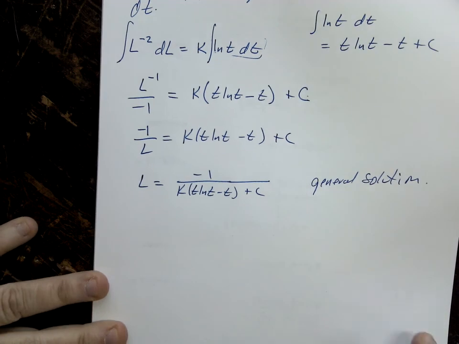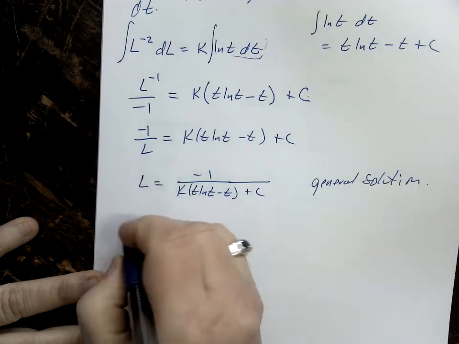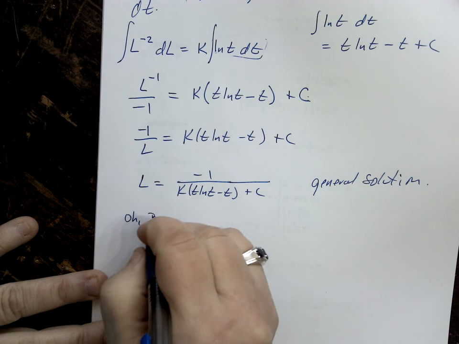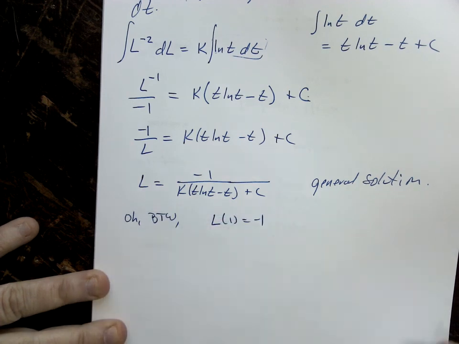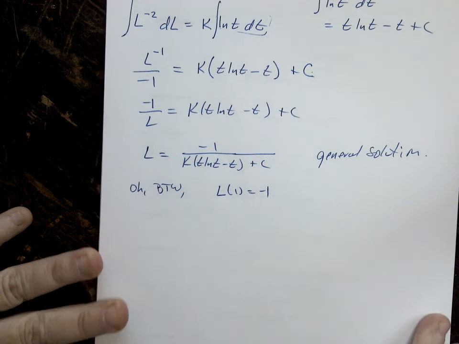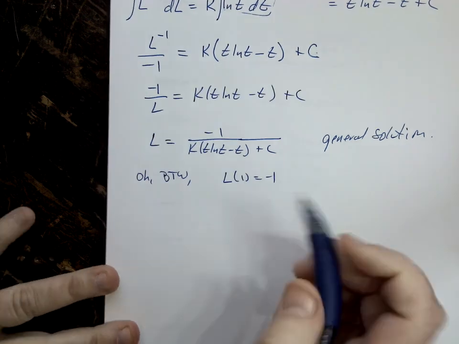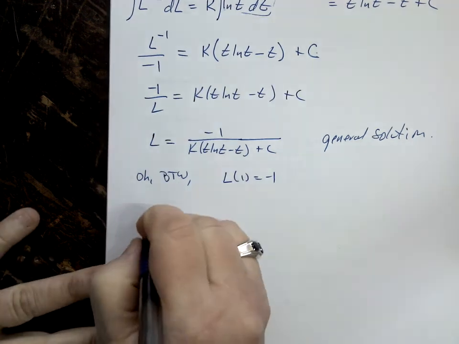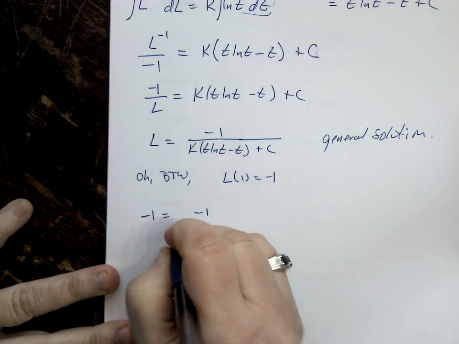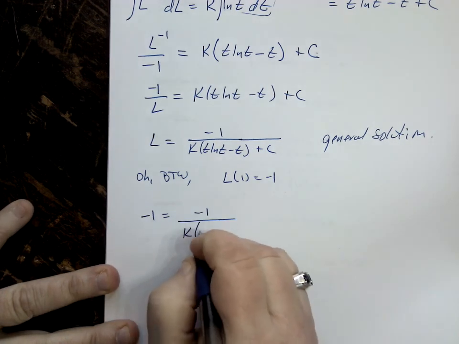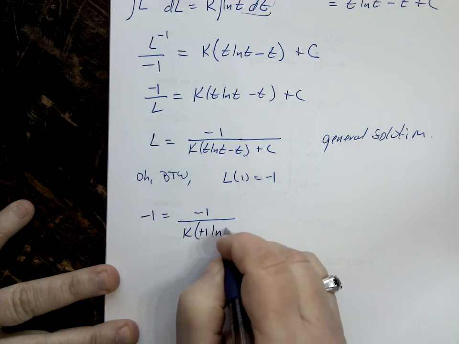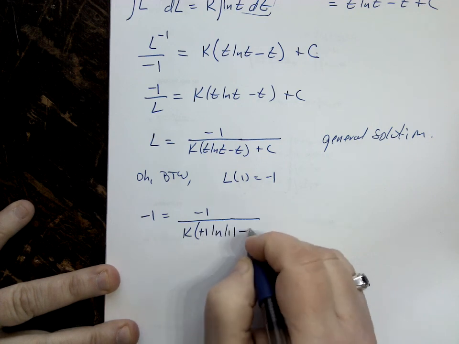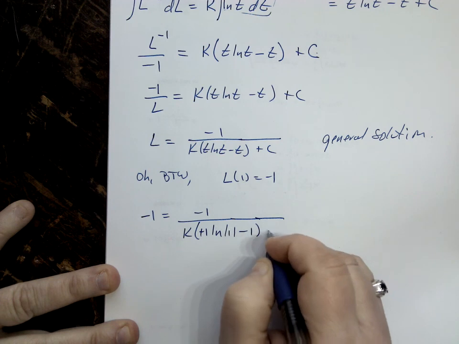If I'm told, in addition to that, that, oh, by the way, L of 1 is equal to negative 1, I can continue to solve and figure out what my c is. So negative 1 is equal to negative 1 over k times 1 times natural log of 1 minus 1 plus c.